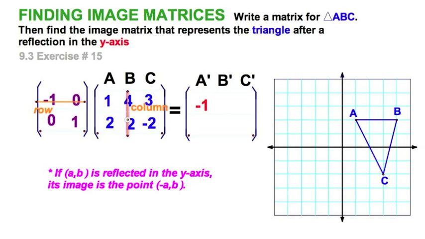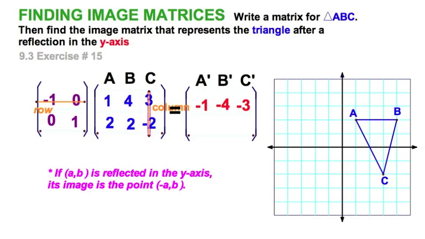We'll take row 1, column 2, and that goes in position row 1, column 2, -4 plus 0 is -4. And finally, again, -1 times 3 plus 0 times -2. And as you can see, that would clearly be -3.